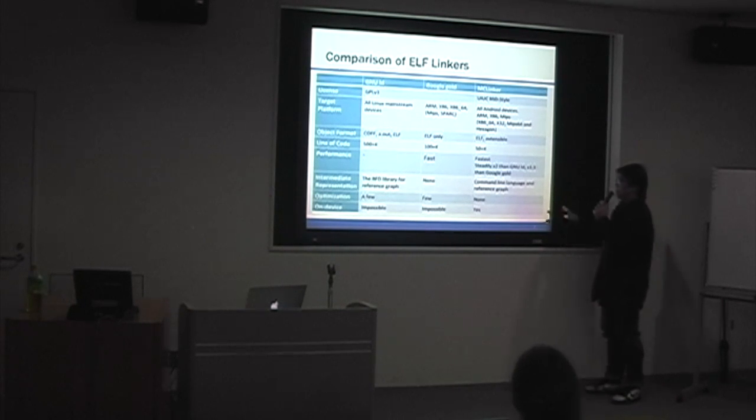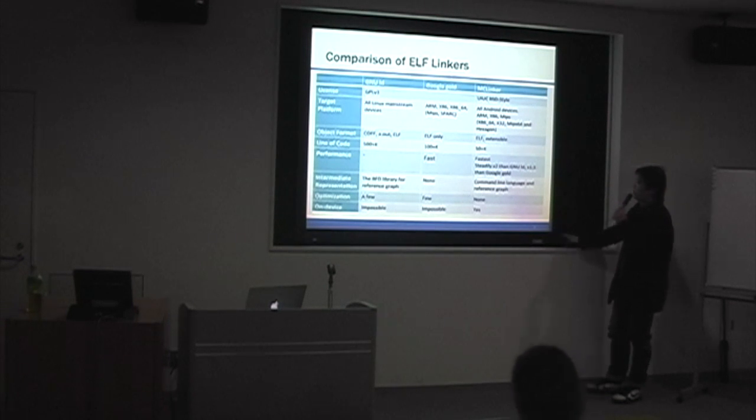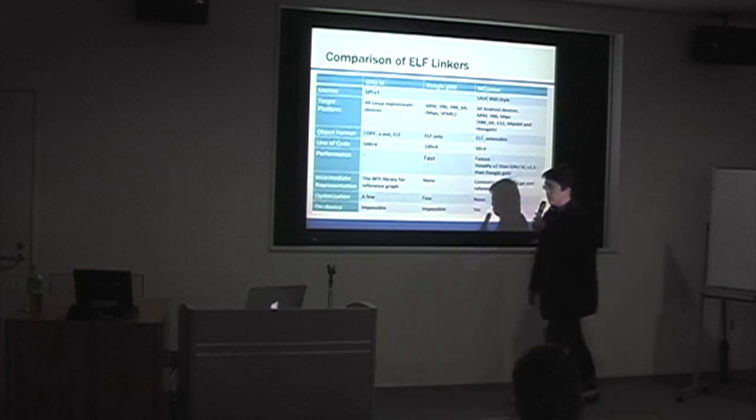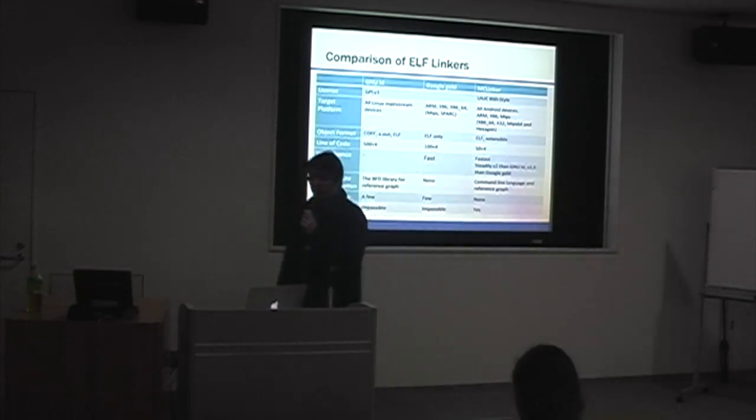And currently it is still the fastest linker in the world. It's 200% faster than GNU-LD and 13% faster than Google Gold. It has a rich IR, but it does not have any optimization. But its memory consumption is very small and it is very fast, so it can be used on a mobile device.